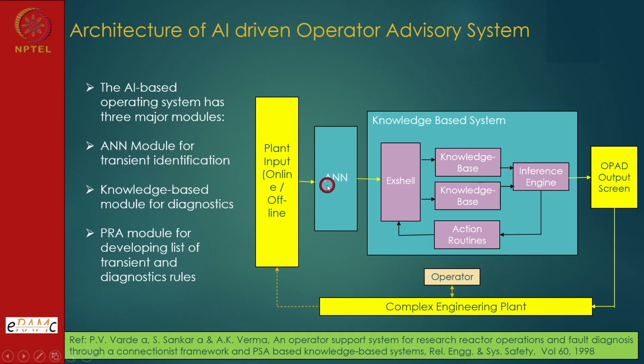Now, the transient has happened, and the system parameter readings got stabilized to some other position. The plant configuration also changed from normal operation to a certain shutdown condition, let us say, but then the system should operate for the shutdown condition also.